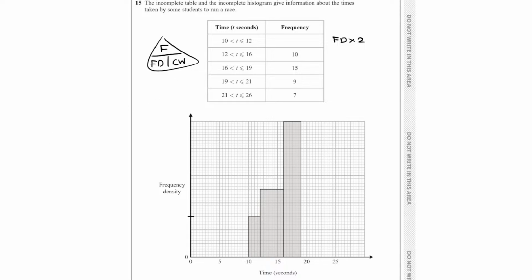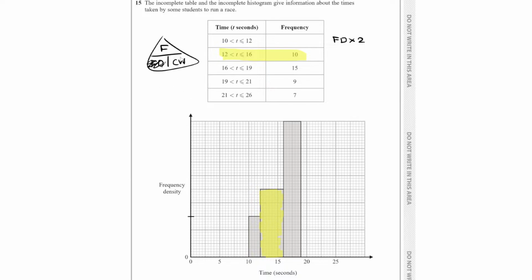We do have some pairs, don't we? And what I mean by that is where, let's say this one, this bar here, I obviously know the class width, but also I know the frequency. So do you see how that one I could use to work out the frequency density, and then we'd work out a scale from there?